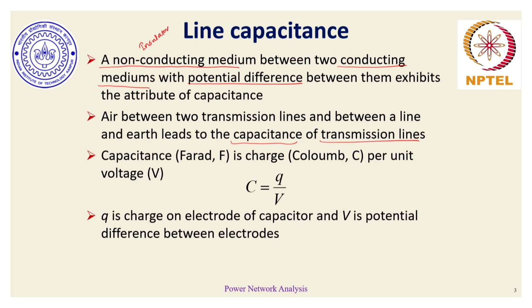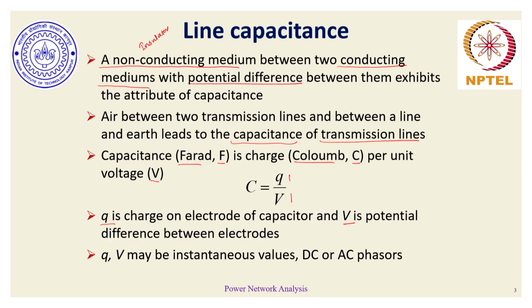Capacitance in its very basic essence has the unit of farad, denoted by capital F. It is nothing but charge per unit voltage. If charge is in coulombs, C, and voltage is in volts, V, then C is nothing but Q by V, and Q and V here can be instantaneous quantities, time varying quantities, phasors, etc. From a capacitor electrode perspective, Q is the charge in coulombs, and V is the potential which this capacitor can handle between these two electrodes.